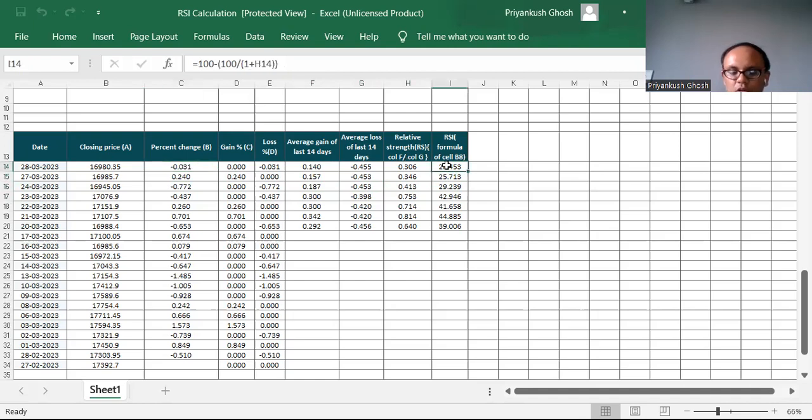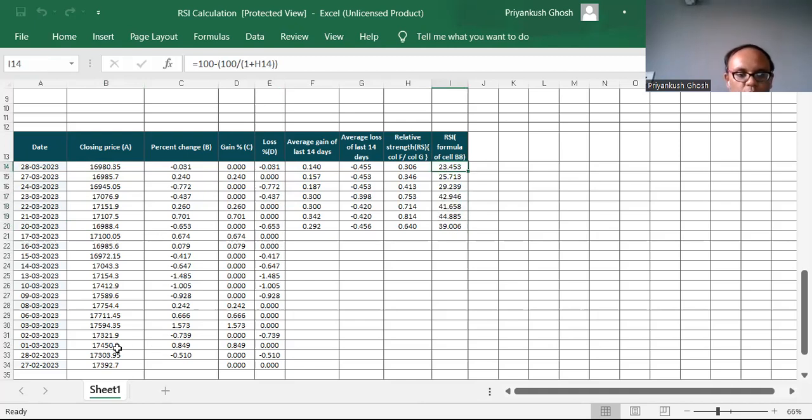So this is how the calculation goes. Okay. So as you can see, we started from here when the market was around 16988. Okay. And here it is 16980. So not too much of a difference, but see how much the RSI has fallen from 39.006 to 23.453.